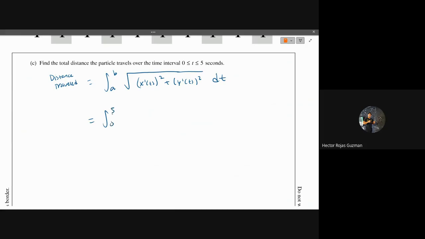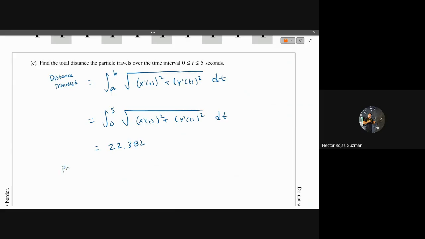The integral from 0 to 5. You don't even have to write what x prime and y prime are, but we did get them in the previous question, just so you know. But I'm going to keep it as x prime here just for simplicity. dt, don't forget it. You plug it into your calculator, we get 22.382.